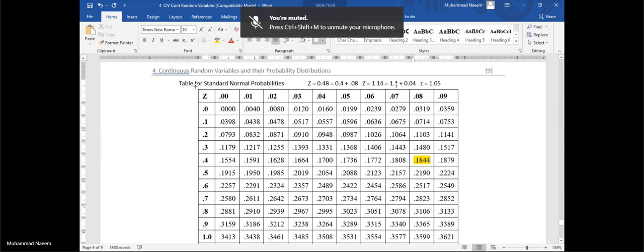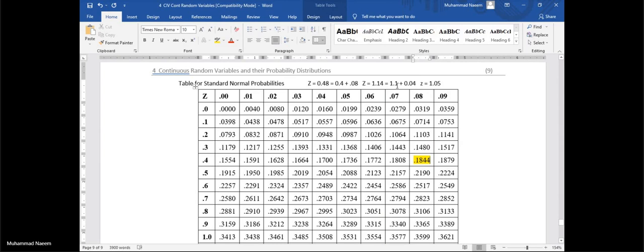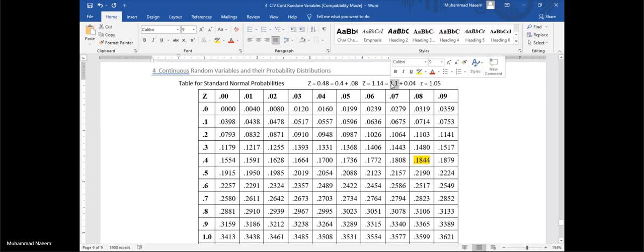So if I split this point, this will be 1.1 plus 0.04 up to first decimal and separate the second decimal place. So we will trace out 1.1 in first column and 0.04 in first row.